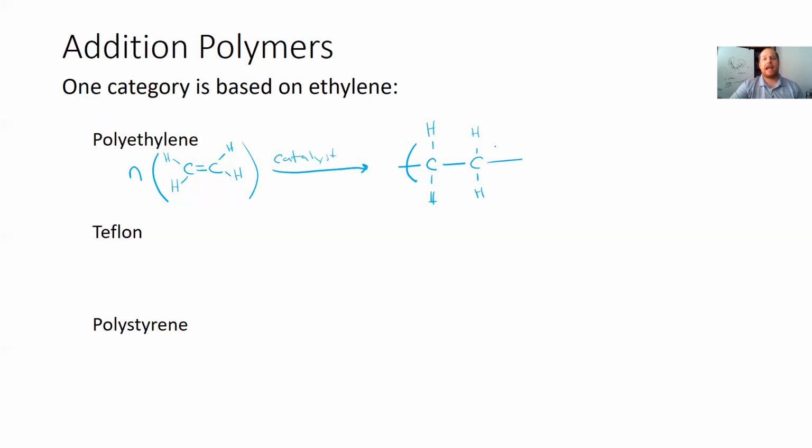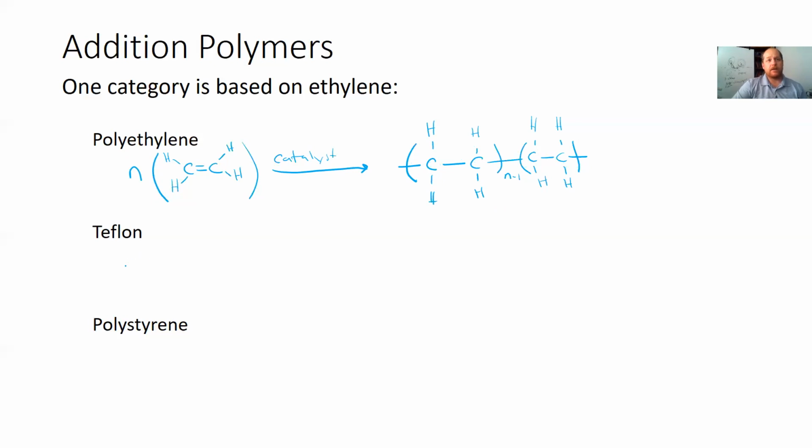So it makes an alkane from an alkene. You have some number n of these, with carbons and hydrogens. These ethylene or ethene molecules polymerize to form a set of linked ethane molecules, essentially. This long carbon chain is called polyethylene.